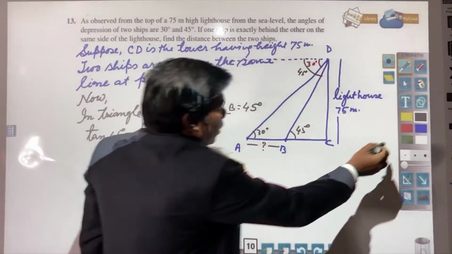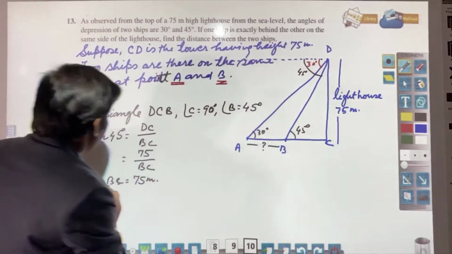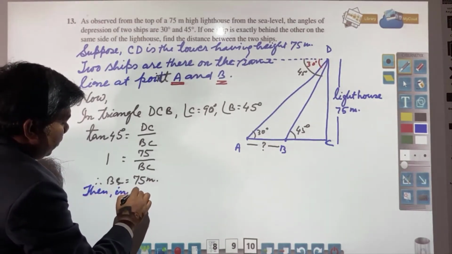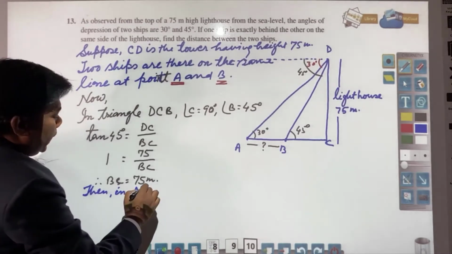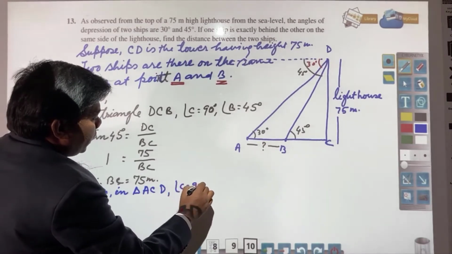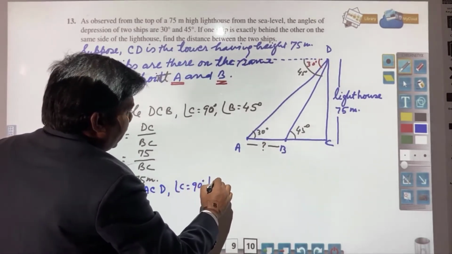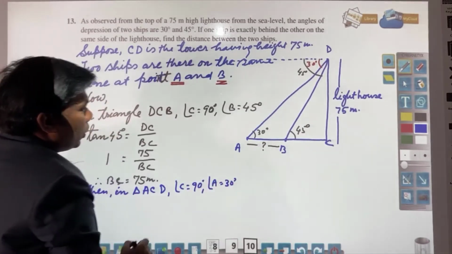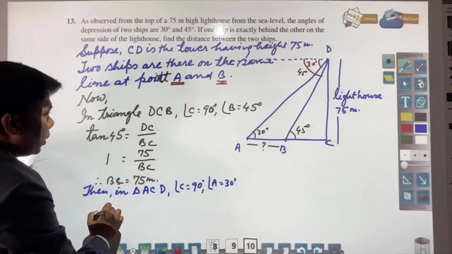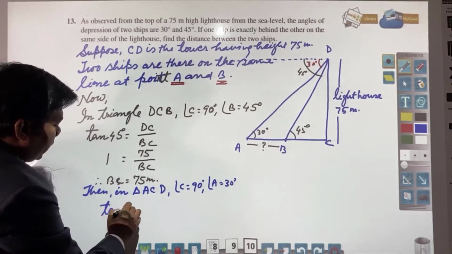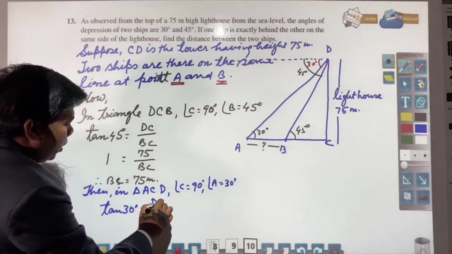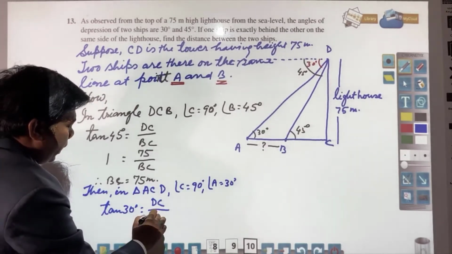This we have got. Now in triangle ACD, angle C is equal to 90 degree and angle A is equal to 30 degree. So here we will write tan 30 degree is equal to DC divided by AC.